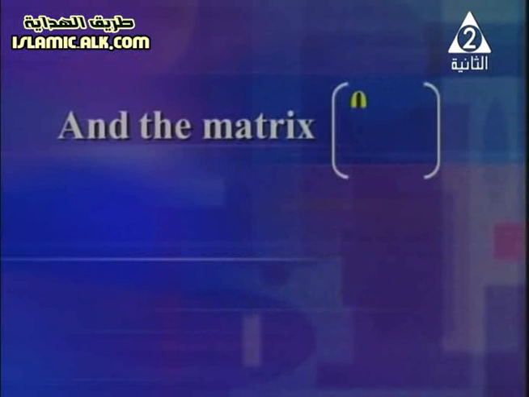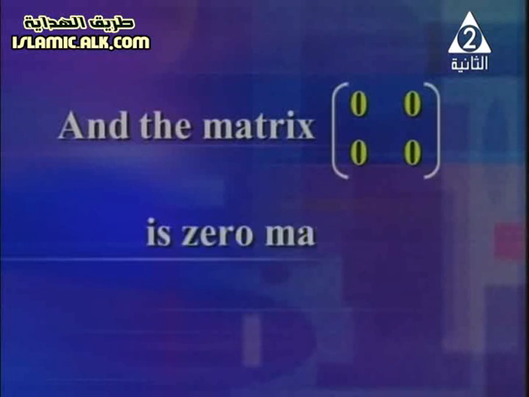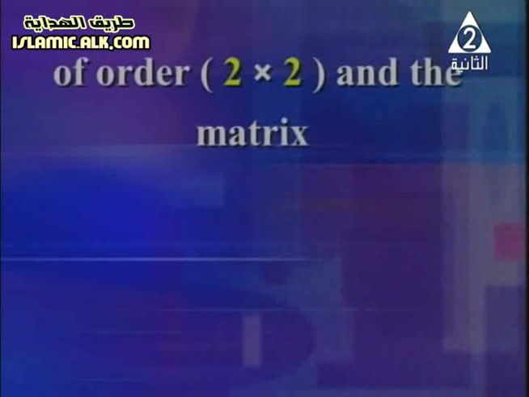The matrix 0, 0, 0, 0 is a square matrix where all elements are 0. It is called the zero matrix, or the identity matrix in addition. Its order is 2 times 2.